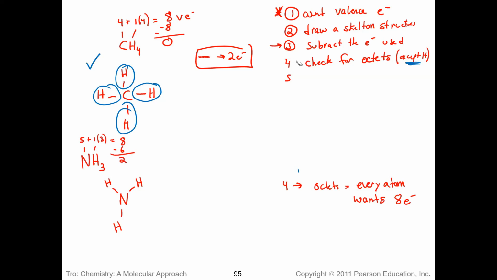I'm actually going to switch these two here. Sorry, one second. Add remaining electrons as lone pairs. Make double, triple bonds if needed.